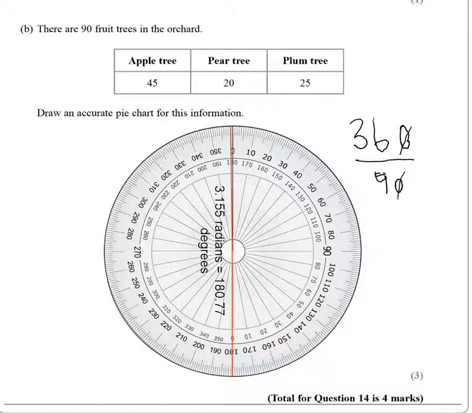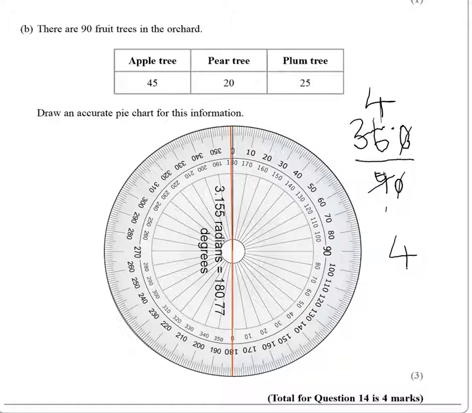And then you divide both the numerator and the denominator by 9. 9 divided by 9 is 1, and 9 into 36 is 4. So we have 4 over 1, which equals 4. So each tree gets 4 degrees.